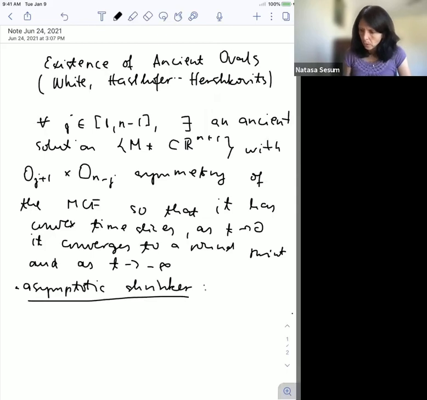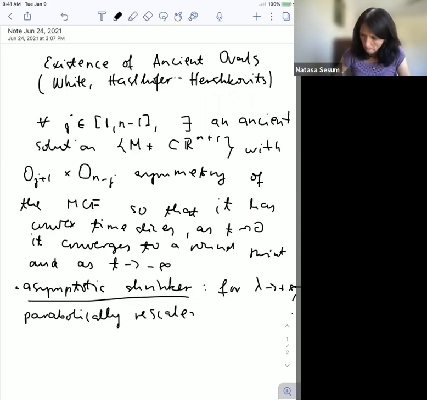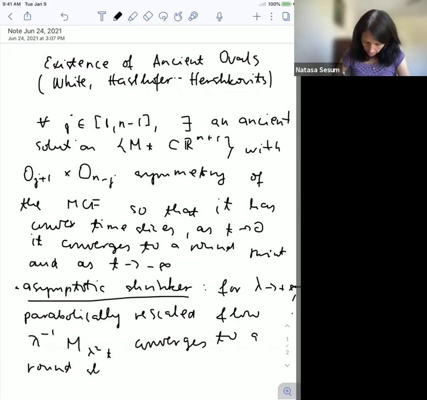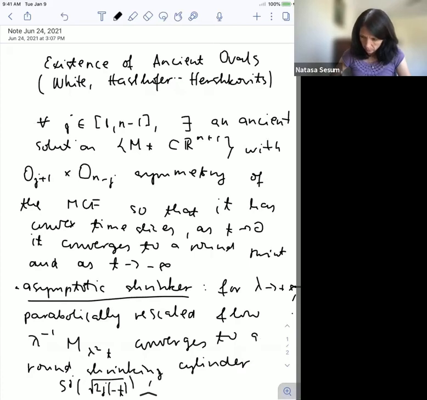Okay. So what does that mean? This means that for lambda going to plus infinity, the parabolically rescaled flow, which I'm going to call lambda inverse M_{lambda squared t}, converges, of course subsequentially, to a round shrinking cylinder, which is actually a generalized cylinder S^j, of radius square root of 2j times negative t, cross R^{n-j}.